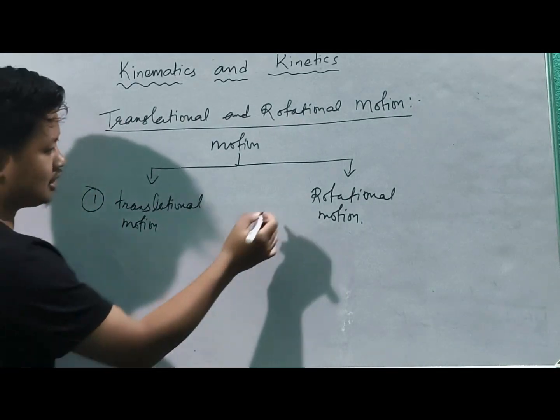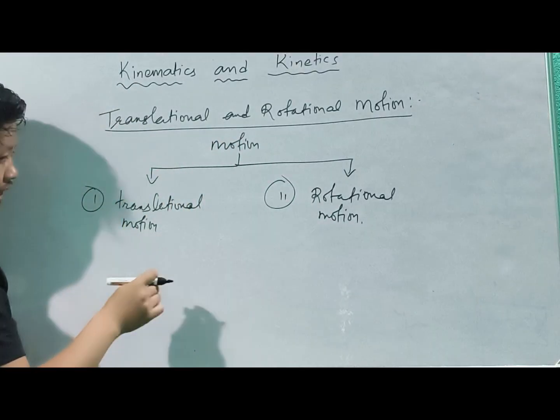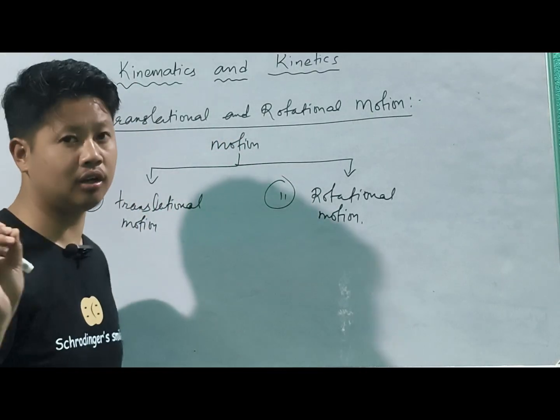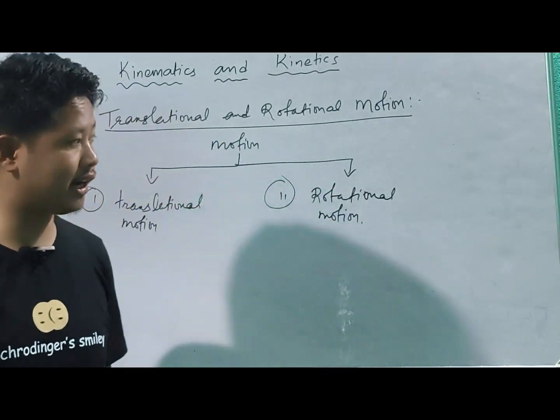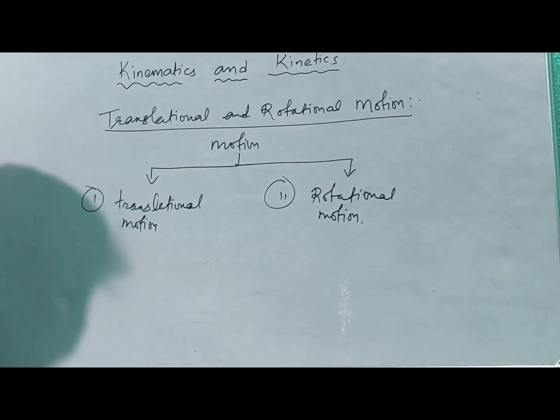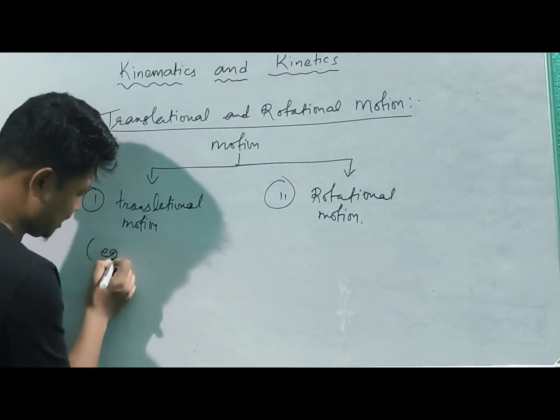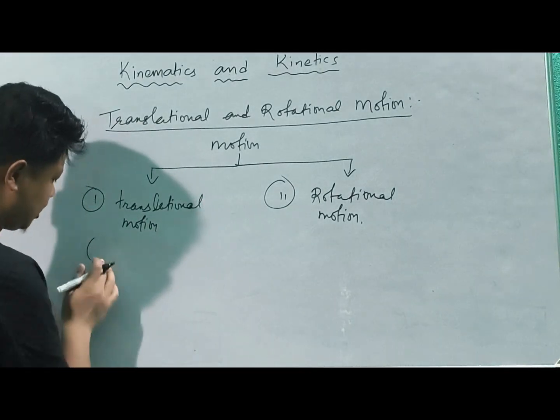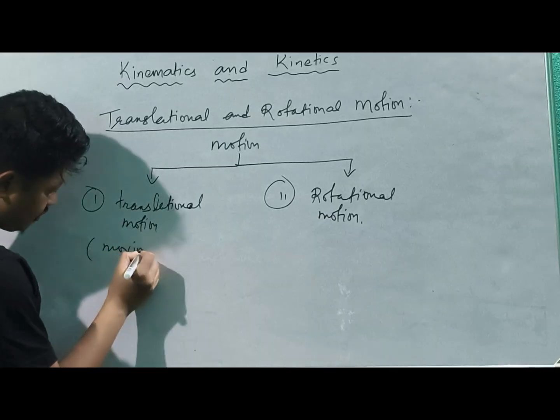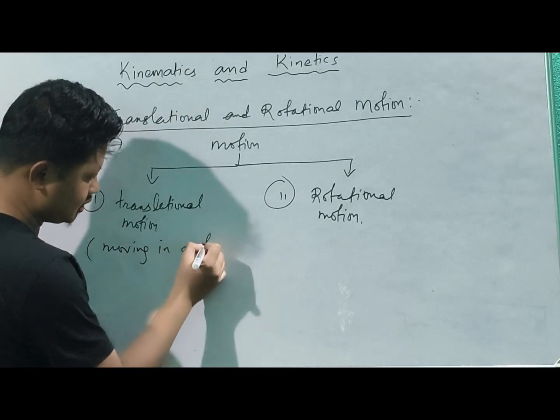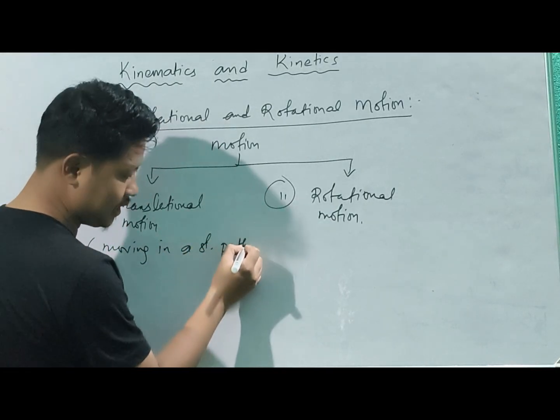Translational motion means a linear motion. That means any object moving on a straight path or a straight line is called translational motion. Let me write the definition: moving in a straight path. Do you understand that?